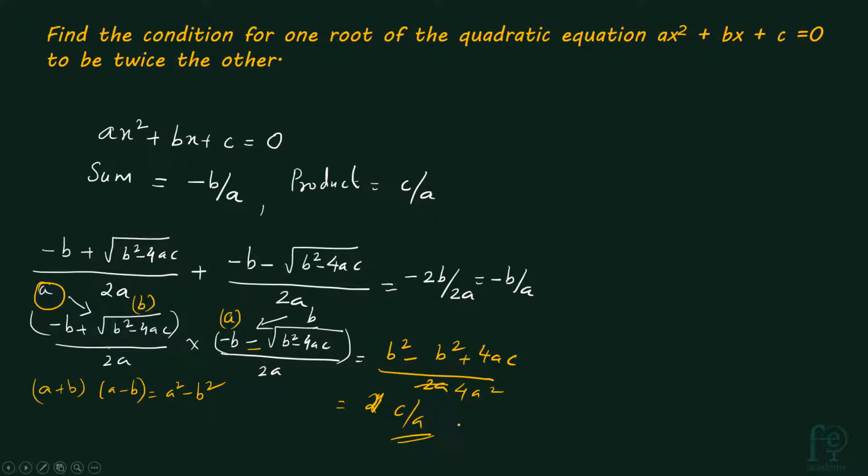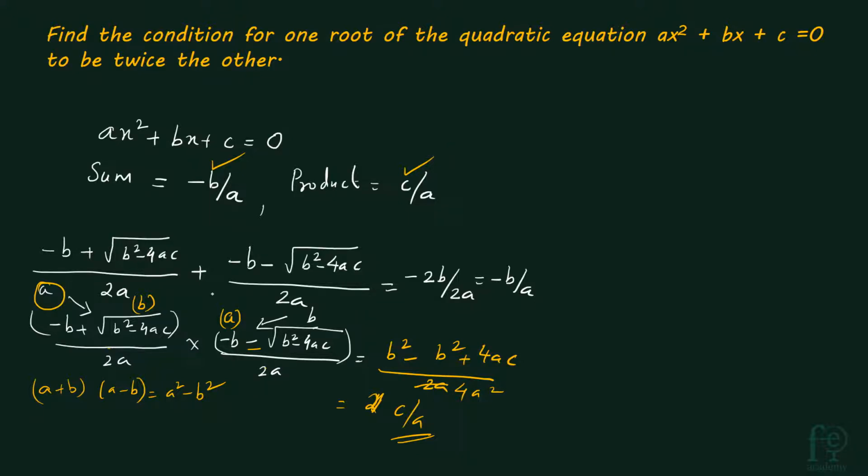So this is how we derive sum of the roots is equal to minus b by a and product of the roots is equal to c by a. From the basic equation, we know the roots of a quadratic equation ax square plus bx plus c is equal to 0 is given by minus b plus or minus root of b square minus 4ac divided by 2a.